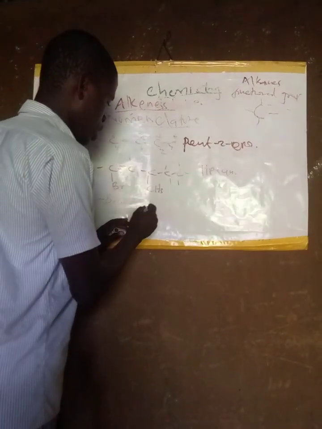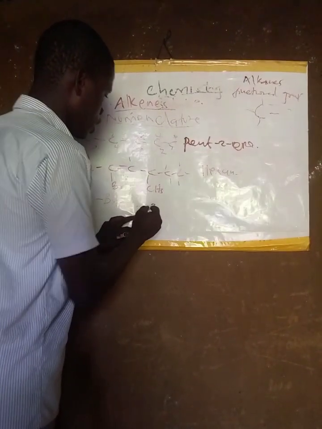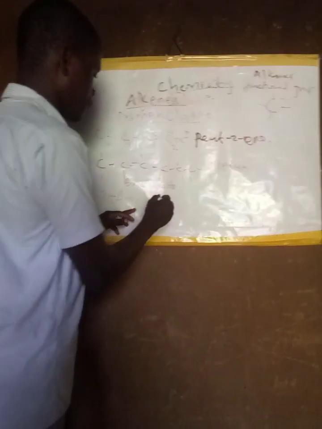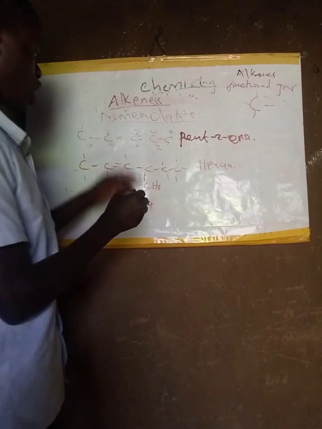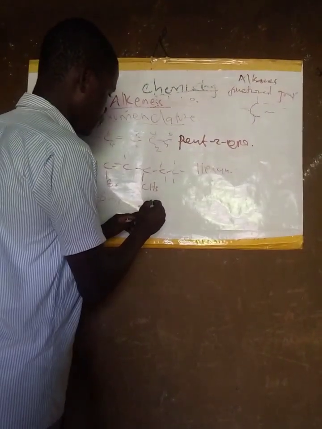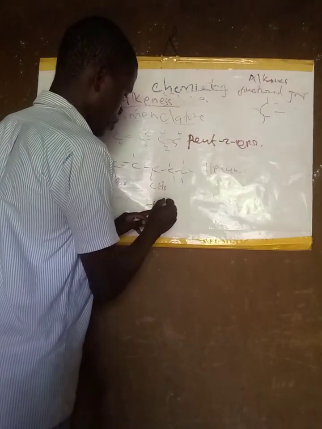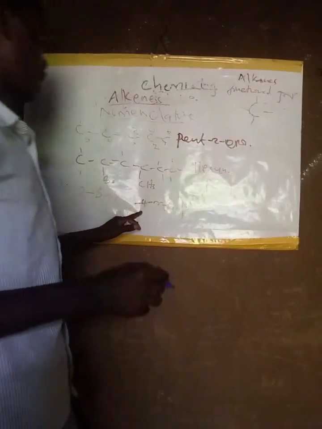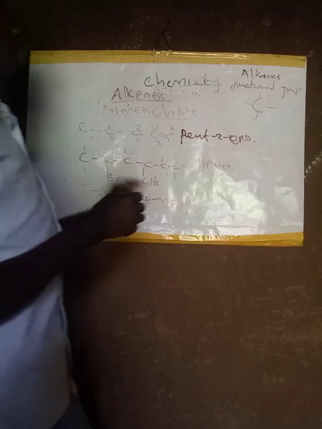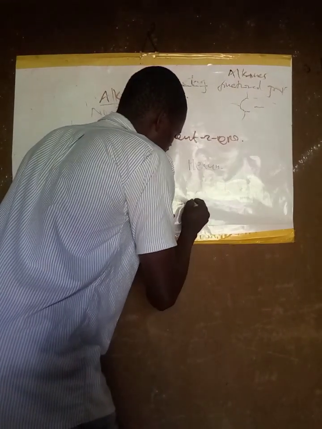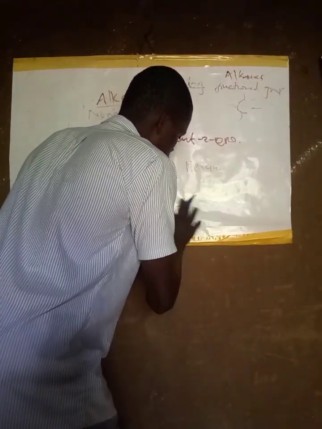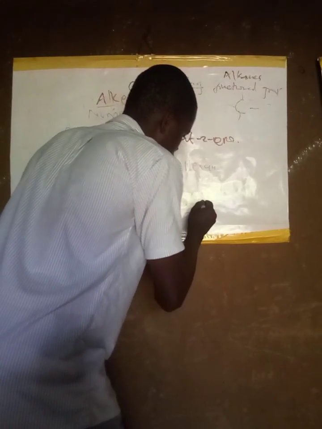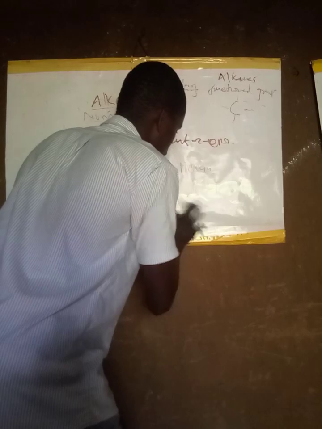Take note of that. Hyphen 3, a methyl group is attached to carbon number 4, not 3, carbon number 4, because this is 1, 2, 3, 4. So 4-methyl. Then the double bond is on carbon number 2. Then hyphen 2. Not pent, but hex.